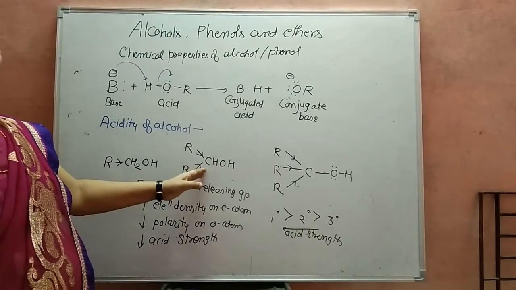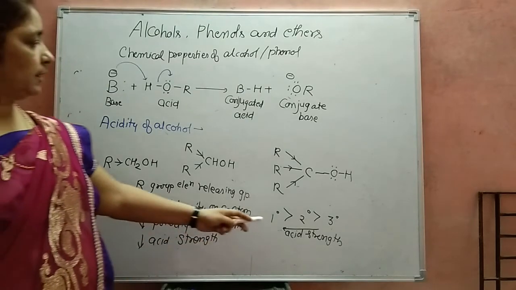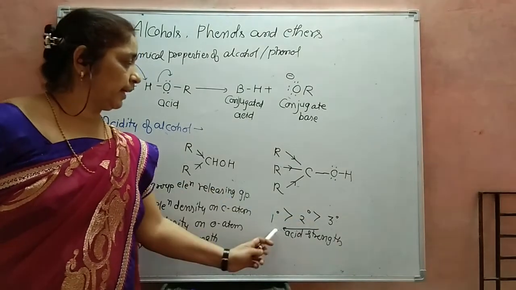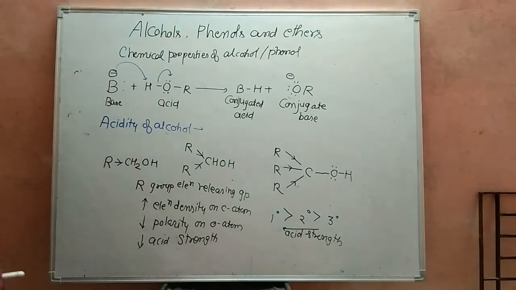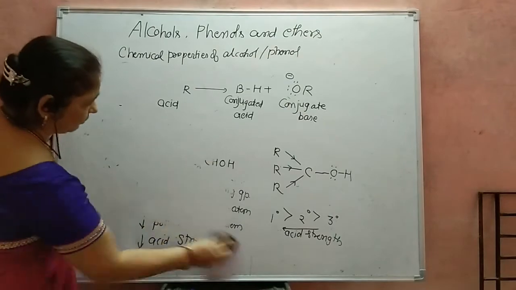More number of R groups, less acid strength of alcohol. Hence the 3 degree is less acidic than 1 degree or 2 degree. Now we discuss one more equation here.